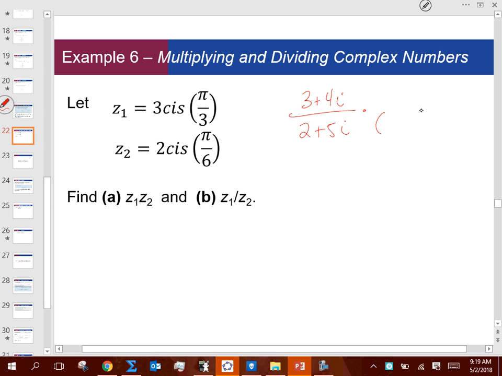You actually multiply by the conjugate of the bottom, okay? Now, this is multiplication by 1, right?